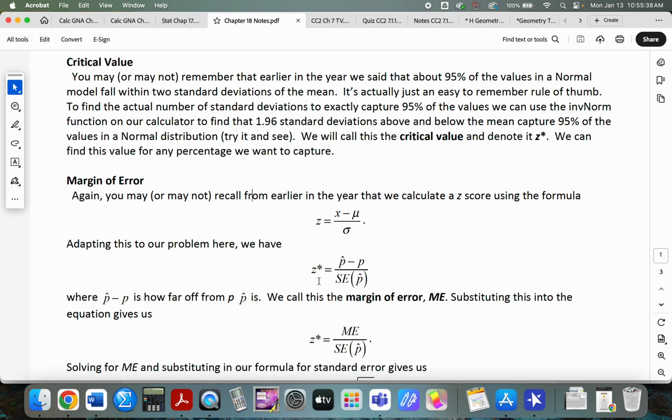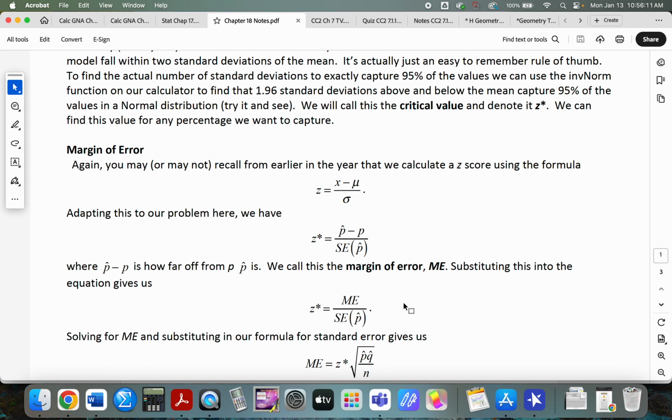So, on our problem, our z-critical score is going to be equal to the observed proportion from our sample minus the proportion from the entire population divided by the standard error. p hat minus p is how far off p hat is. We call this the margin of error.